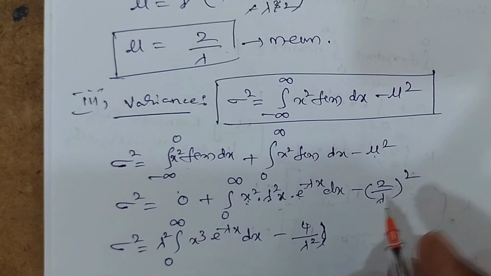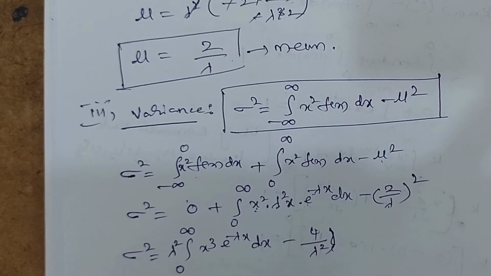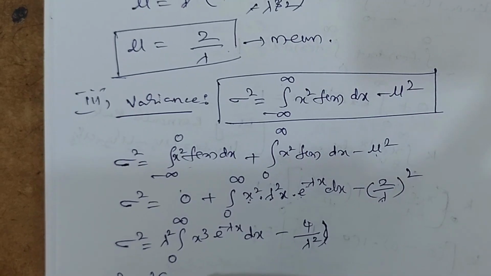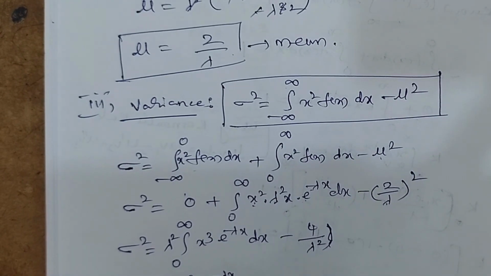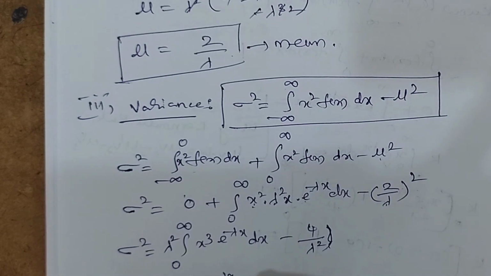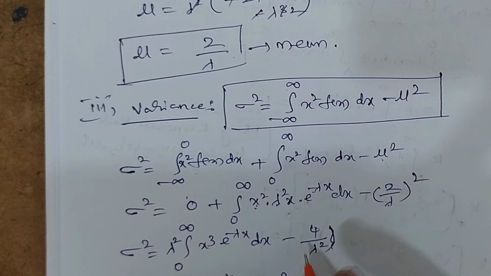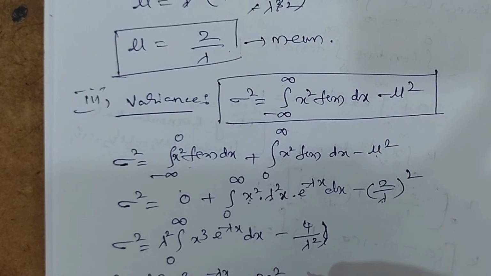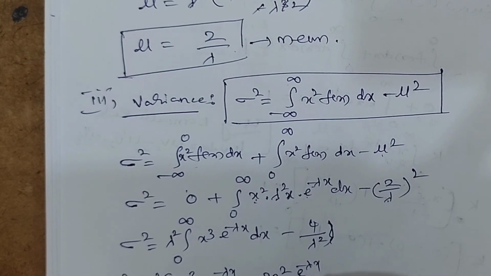So to simplify, we are using Bernoulli's rule. So sigma square is equal to lambda square into, apply the integration: x cube into e power minus lambda x by minus lambda. Next the value 2x square... so 2x square into the integration of e power minus lambda x by minus lambda into minus lambda, that means lambda square.